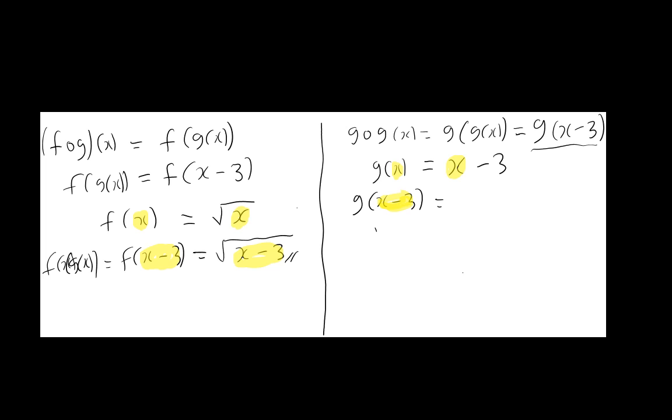Here our input is x minus 3. So instead of this x here we just write x minus 3. That's our input. Then we have to subtract this 3. Since here is x, here is x minus 3, then this should be x minus 3. And this will just give you x minus 3 minus 3, which gives you x minus 6.